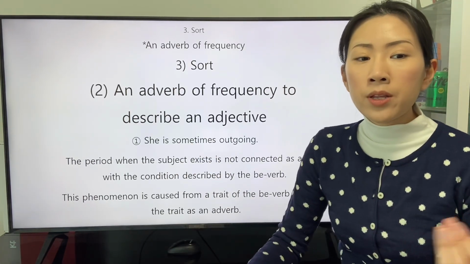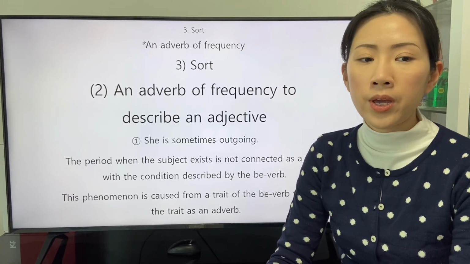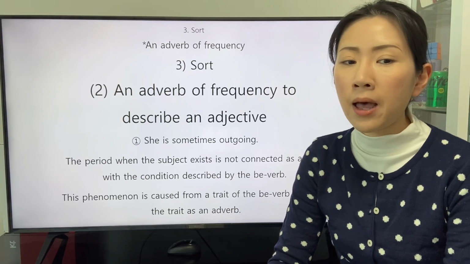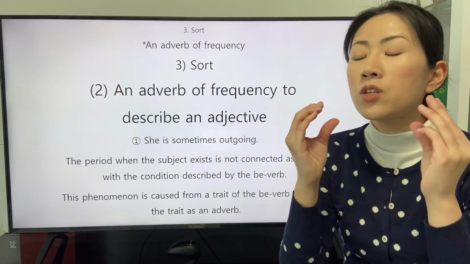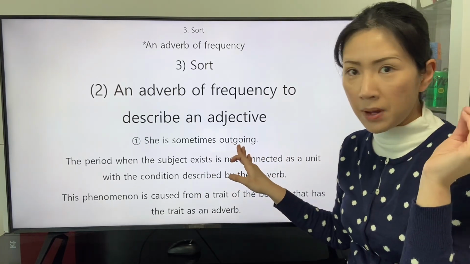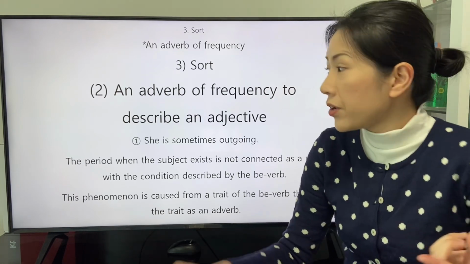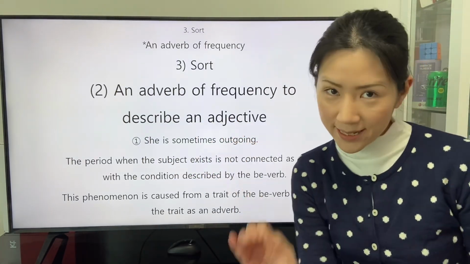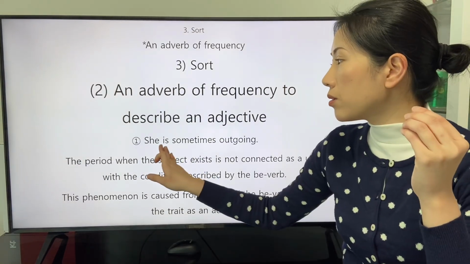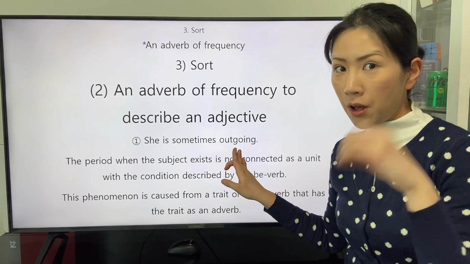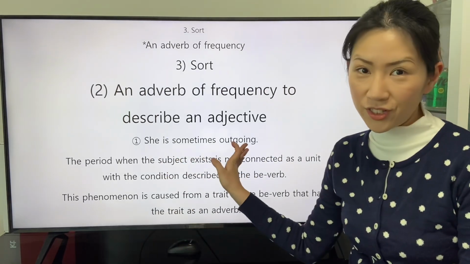The period when the subject exists is not connected as a unit with the condition described by the be-verb. The subject is not in the condition indicated by the adjective outgoing whenever the subject exists. So, the be-verb and the adjective outgoing do not form a consecutive unit of definitions.